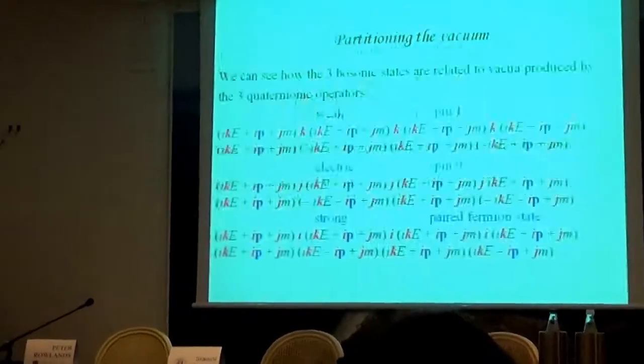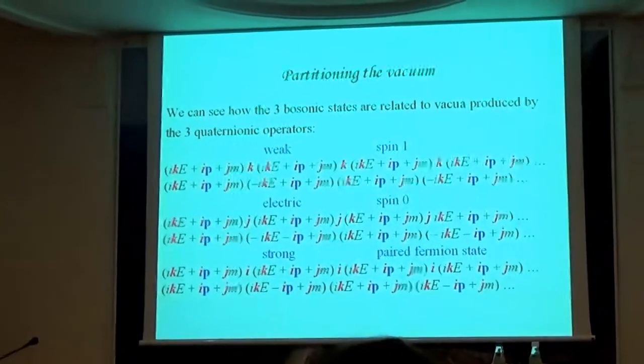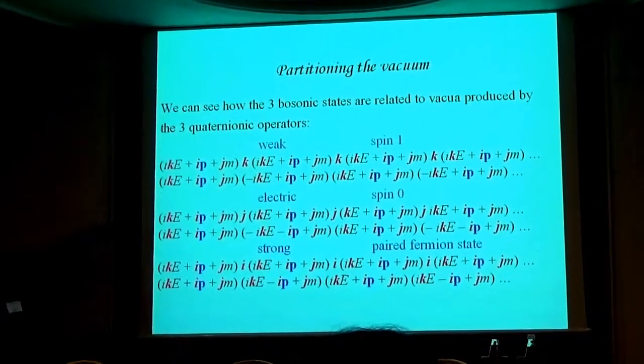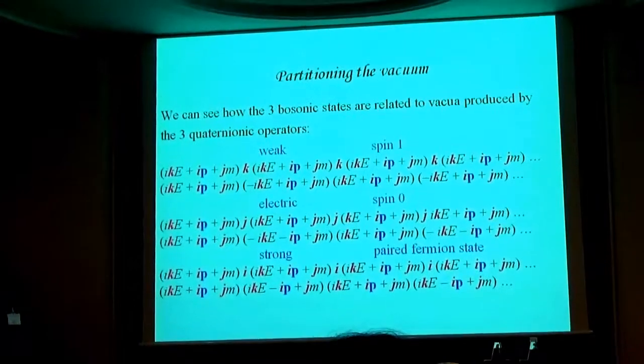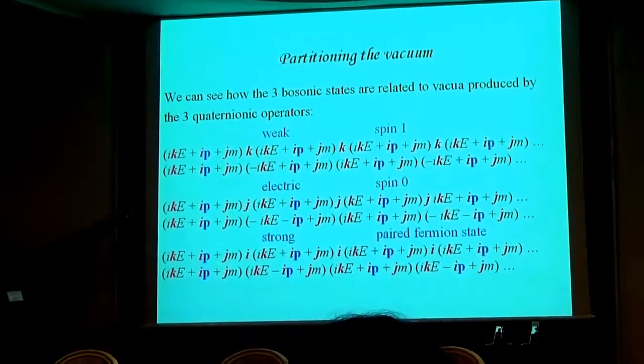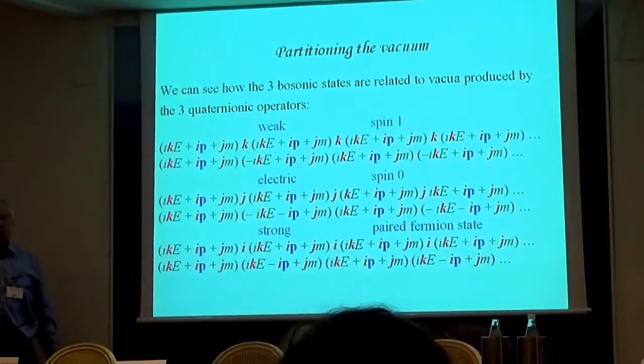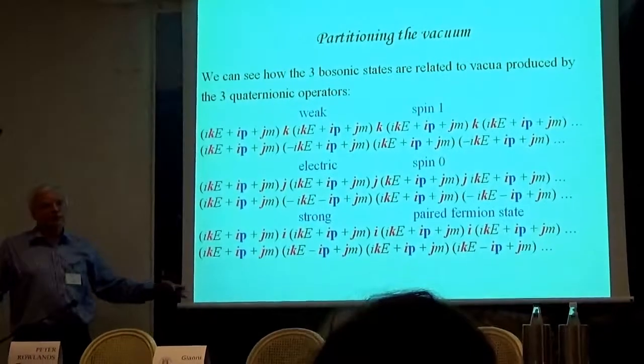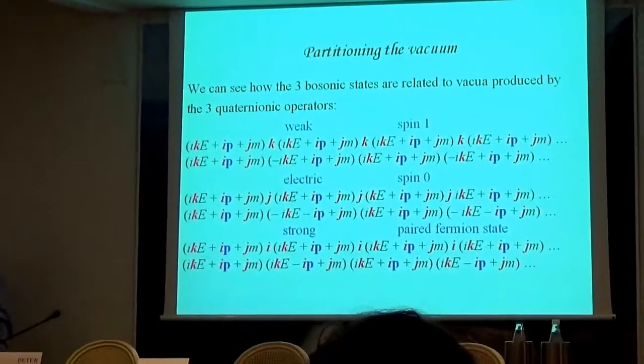And if we put them together, we will see that the first one changes the sign of the second bracket to -ikE, and if we combine those two, we get the wave function for a spin 1 boson. Spin 0 boson, paired fermion state, like a Bose-Einstein condensate or something.